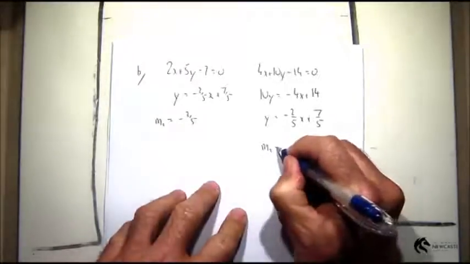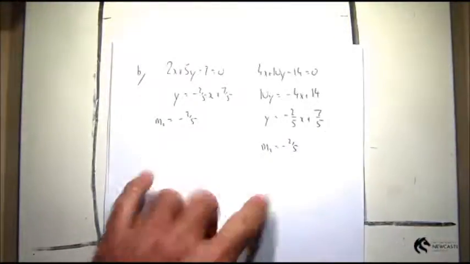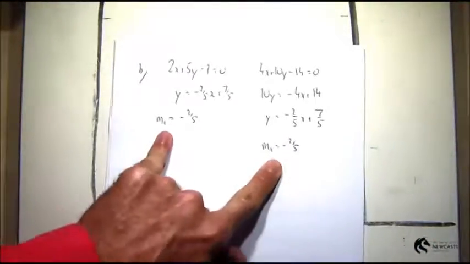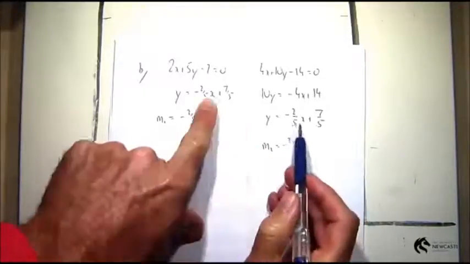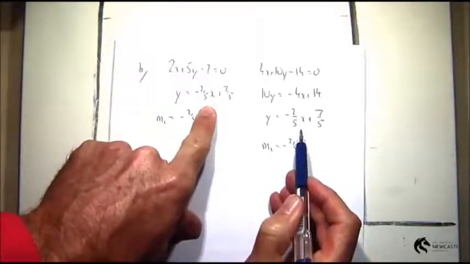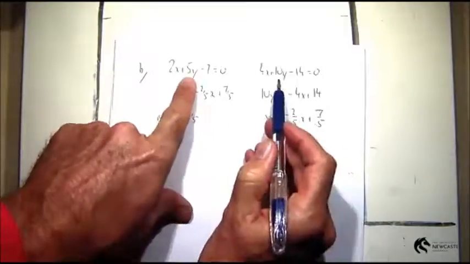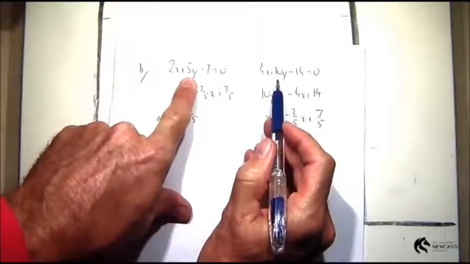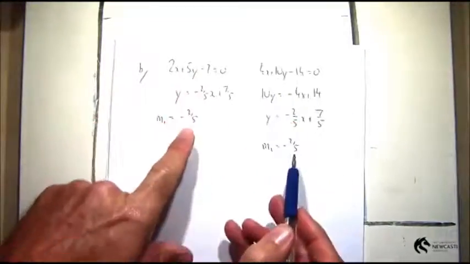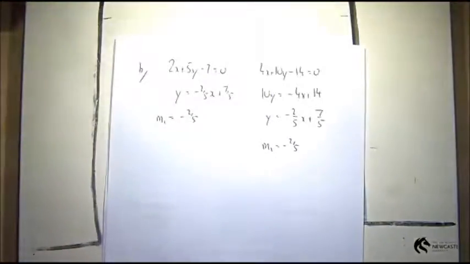So obviously this thing has the same slope. These two lines are parallel, but more than that, these equations are exactly the same. And so what this is saying is that the equations actually represent the same line. So I could say not only are they parallel, but they're coincident, might be another way of saying that.